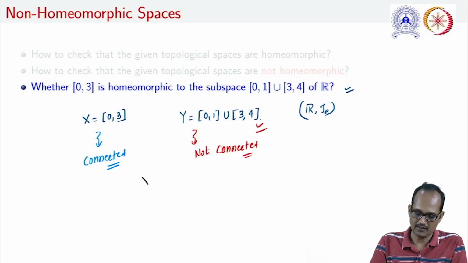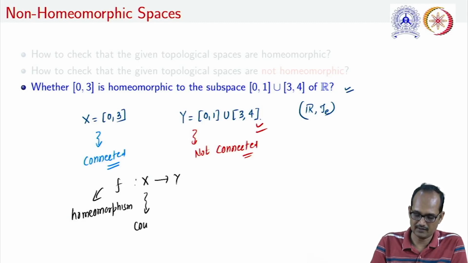So, if there is any homeomorphism from X to Y, note that we have already taken that X is connected, so Y should also be connected.